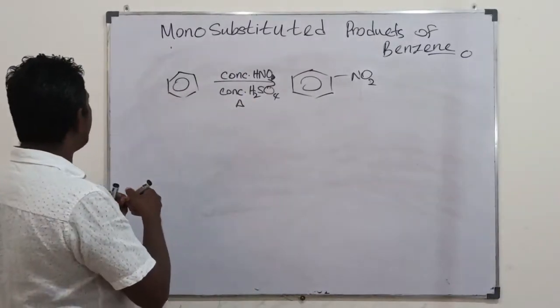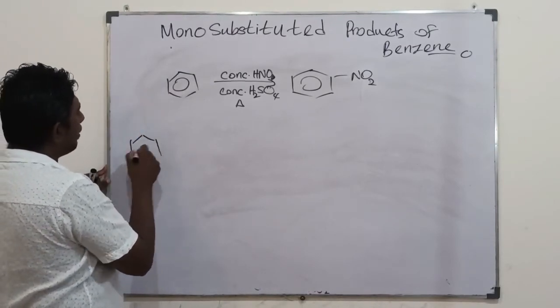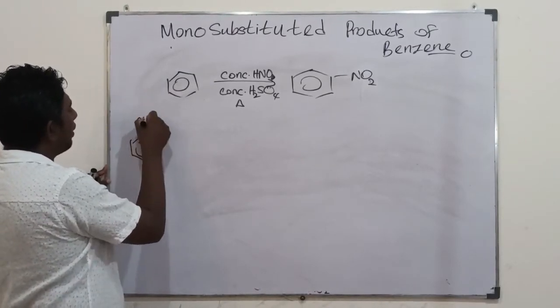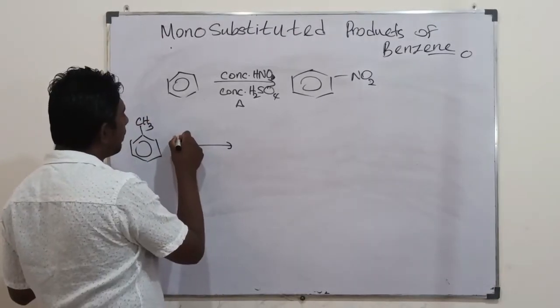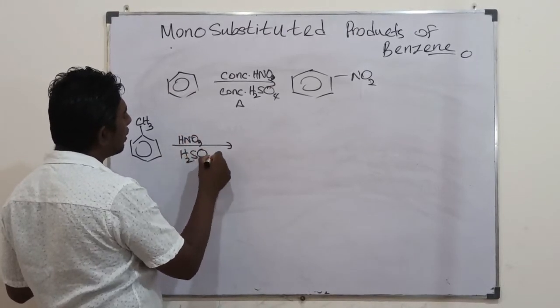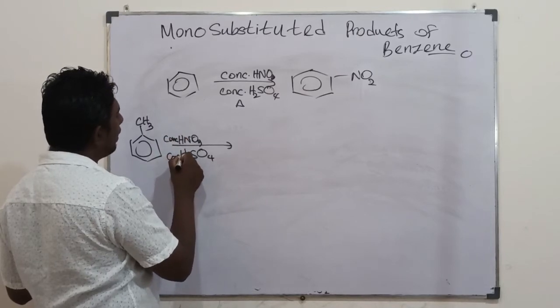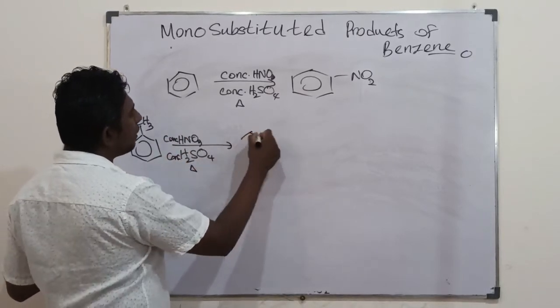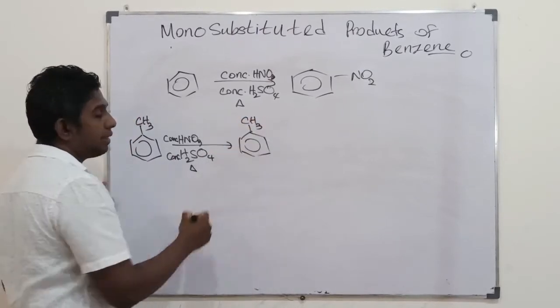Then when the same thing is happening on what? Toluene. This is toluene. Let's use the nitration mixture, HNO3 and H2SO4, both concentrated. And when you heat, you would get a certain product.